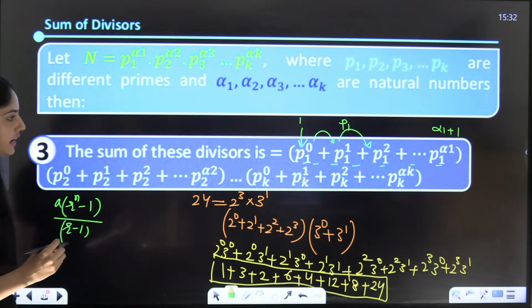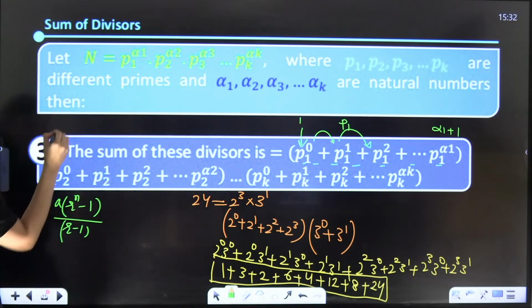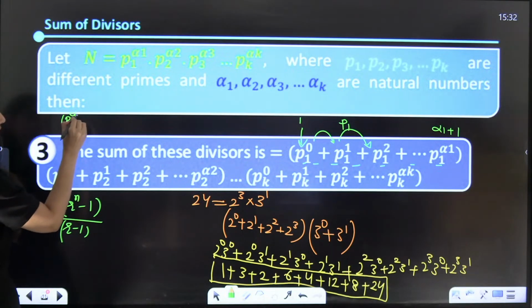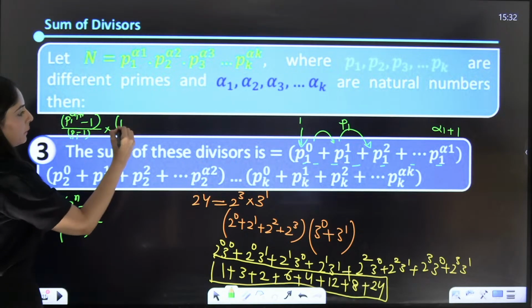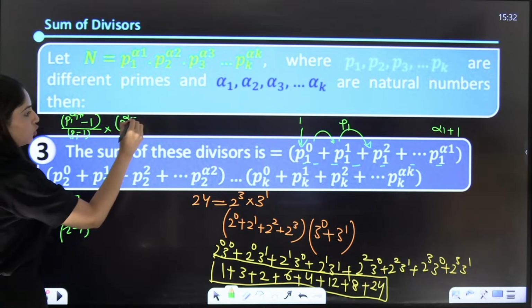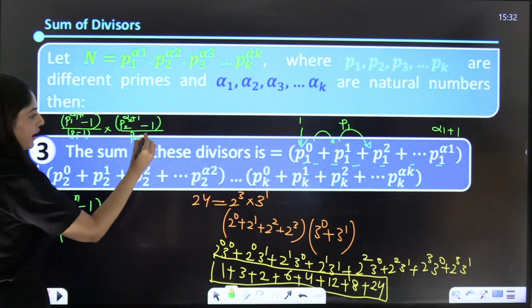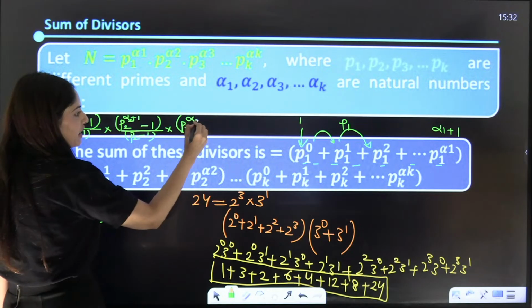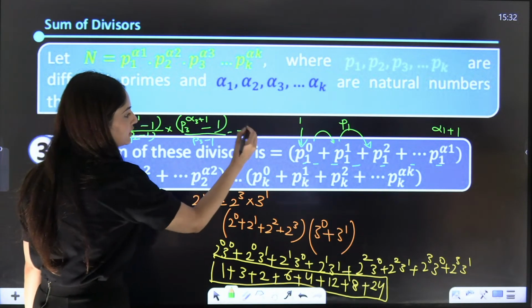So in this case, to calculate the entire sum, a is 1 for all of them: (p1 raised to power alpha 1 plus 1 minus 1) by (p1 minus 1), into (p2 raised to power alpha 2 plus 1 minus 1) by (p2 minus 1), into (p3 raised to power alpha 3 plus 1 minus 1) by (p3 minus 1), and so on.